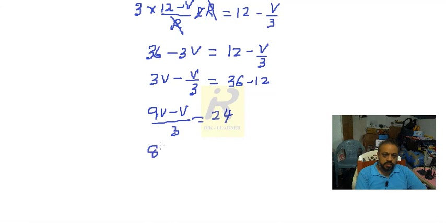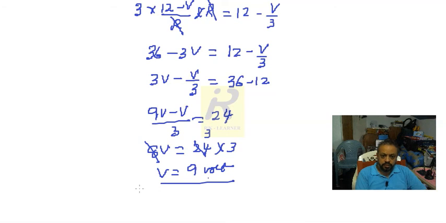Otherwise I can write 8V is equal to 24 into 3. So V is equal to 3 into 3, that is 9 volt, which is V.